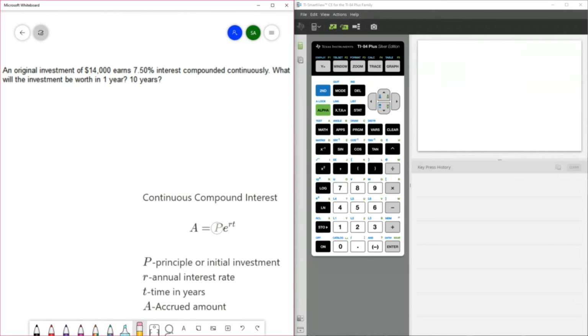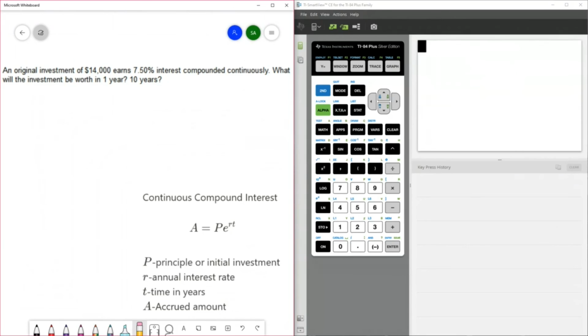The variable P stands for principal, or your initial investment. Then we have R, which is in the exponent, and R stands for the annual interest rate. T is also in the exponent, and that is our time in years. And we have one more variable, A, and A is the accrued amount, or the amount you would have after some period of time.